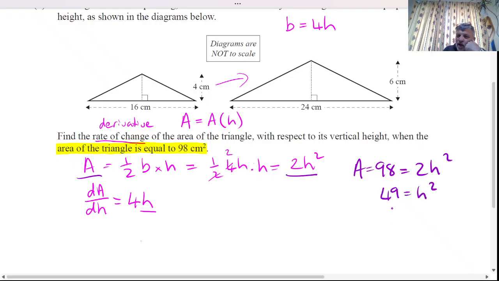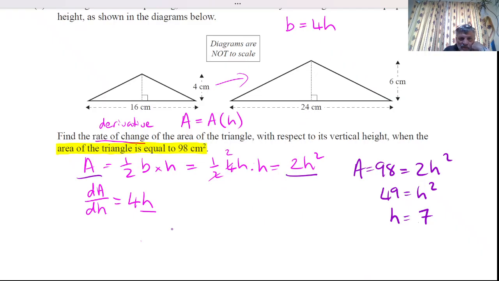Square root, h is equal to 7. Technically plus or minus 7, but when we've got a physical problem, we can't have a distance of negative 7. In some mechanics questions, negative 7 would be back in the opposite direction, but that doesn't apply to a triangle. It's got a height. The area doesn't change if we had a negative at any rate. The height is the absolute value.